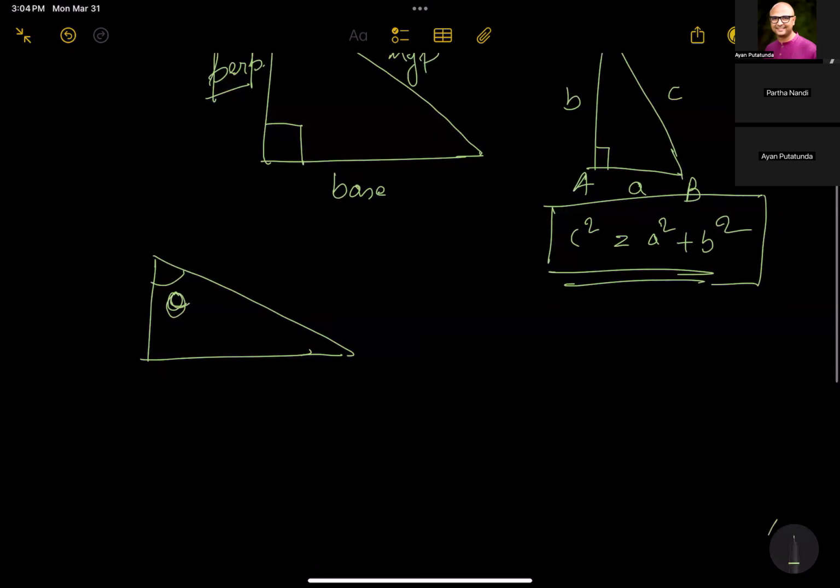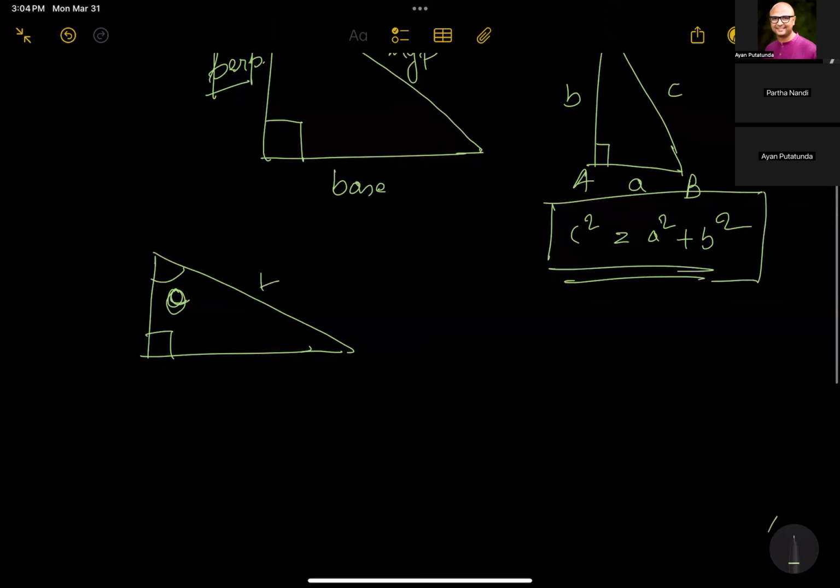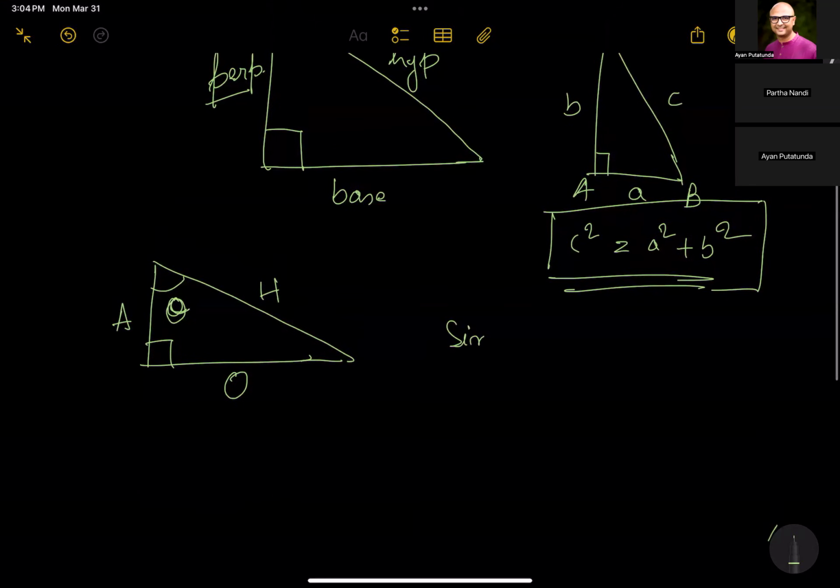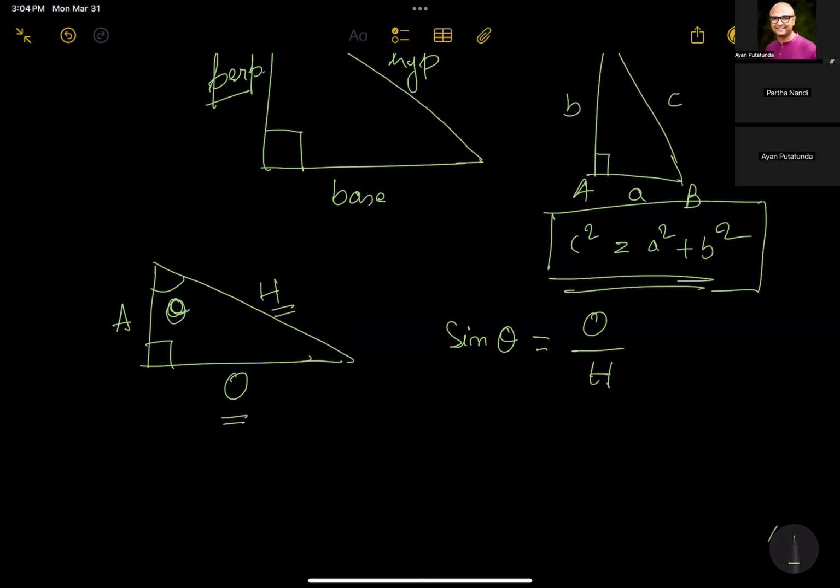This is the theta angle, and this is the hypotenuse. The side opposite the angle is called opposite, and this is called adjacent, right? So in this case, sine theta is defined as opposite O by hypotenuse H. So the ratio of this and this is sine theta, O by H. Are you clear?